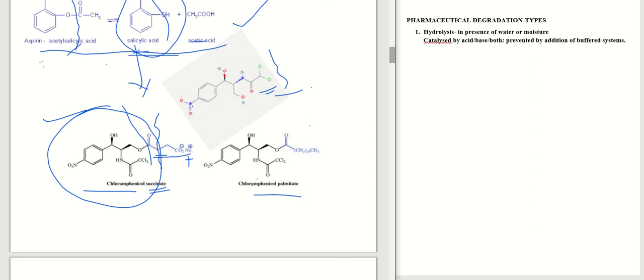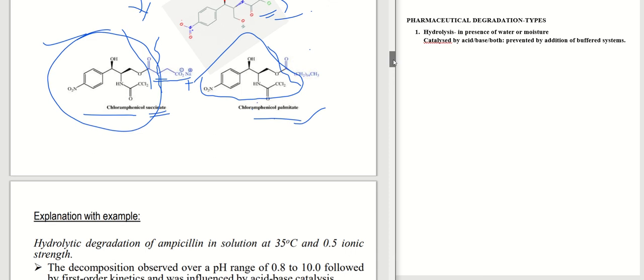The first advantage is that we are improving the taste of the drug, masking the bitter taste. And at the same time, even if this is exposed to a hydrolytic degradative environment, the ester will undergo degradation and the actual therapeutic activity of the molecule will be protected.